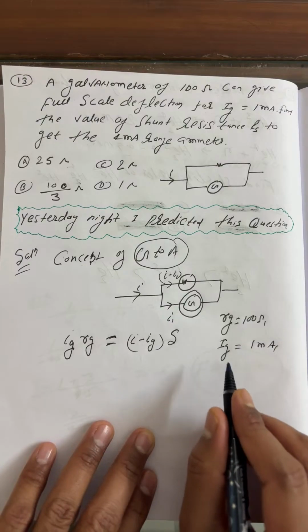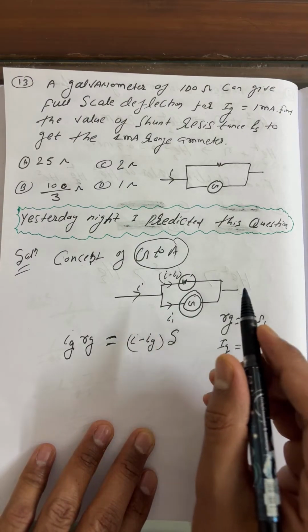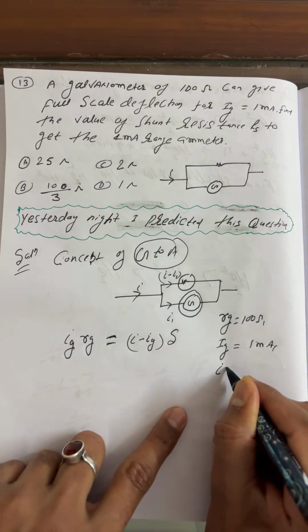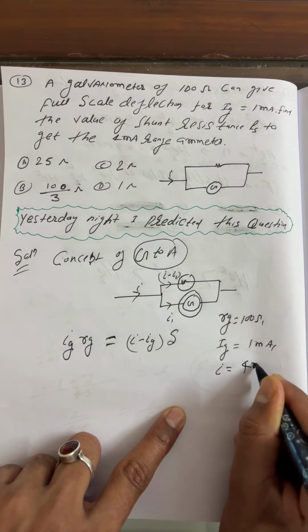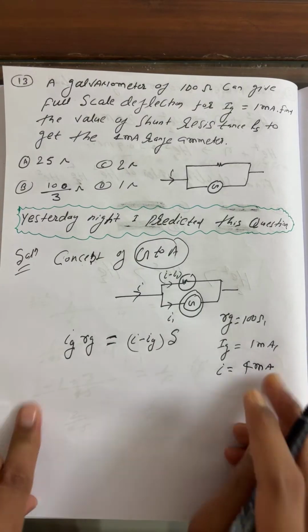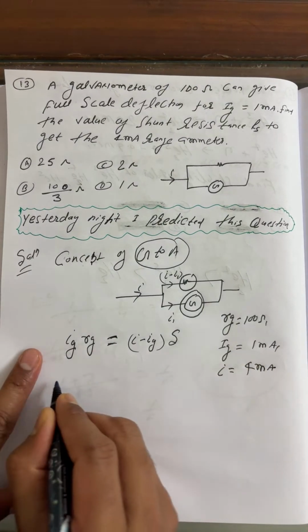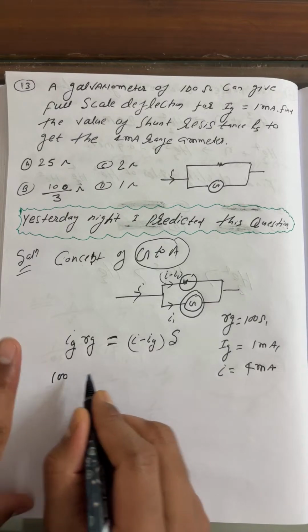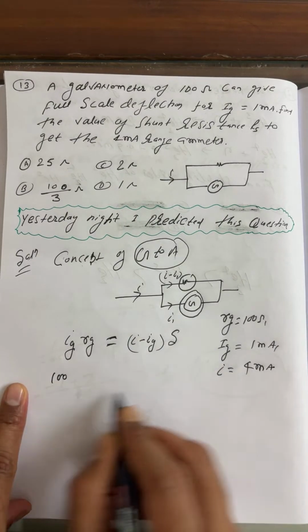Find the value of shunt resistance. The current, that is the I value, is also mentioned, my dear: 4 milliampere. So I can fill in our entire values. Ig is 1 milliampere.